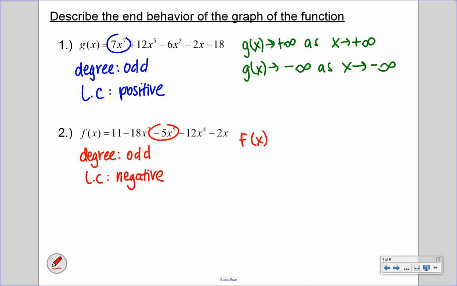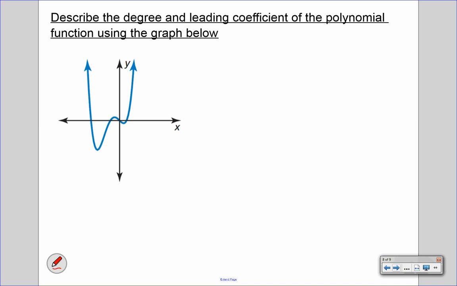F of x approaches positive infinity as x approaches negative infinity. And then f of x approaches negative infinity as x approaches positive infinity. So that's how you determine the end behavior of these polynomials, and this information will help us graph our polynomials tomorrow. What we also can do is we can go the reverse.